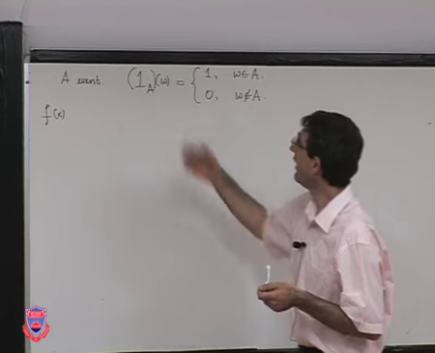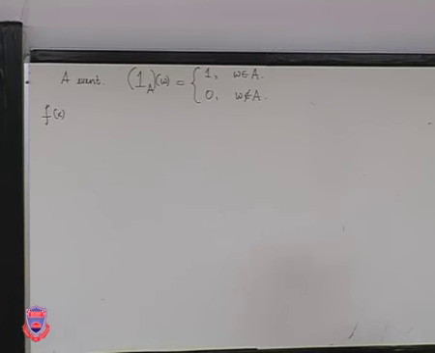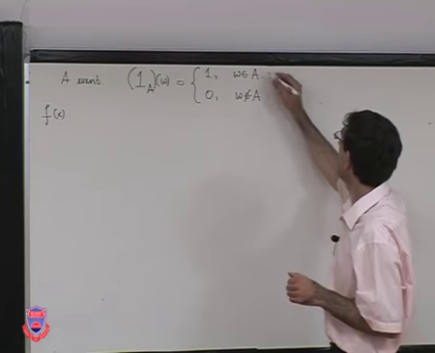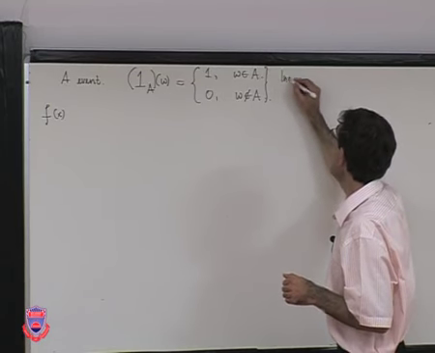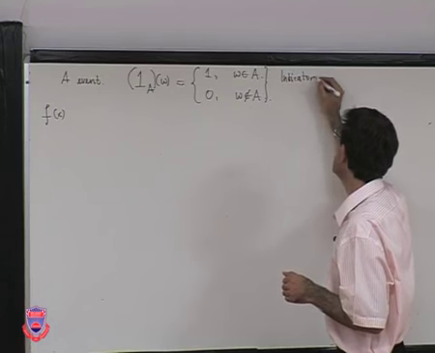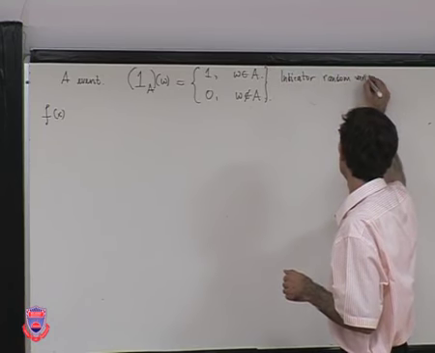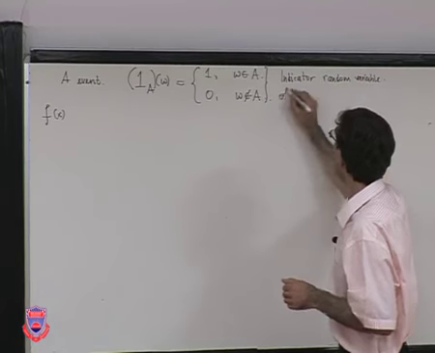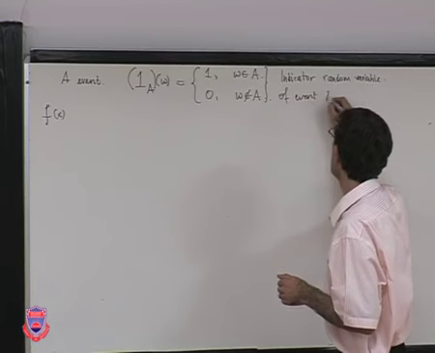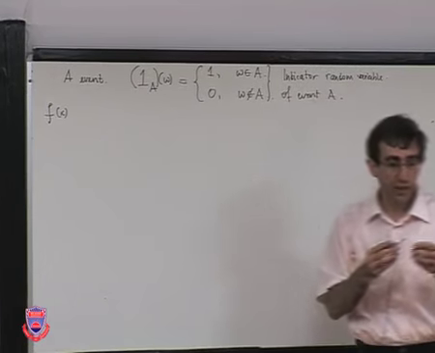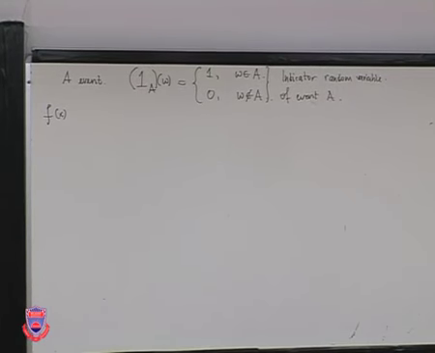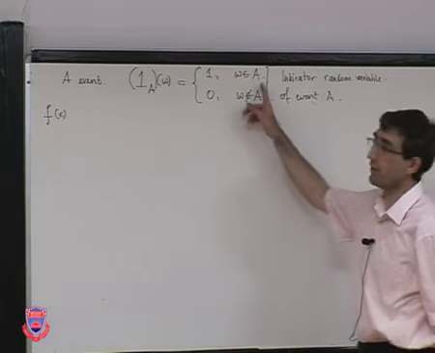And what it looks like is here. The name for this thing is the indicator random variable of event A. Why do they call it like that? It indicates whether the event A has happened or not.